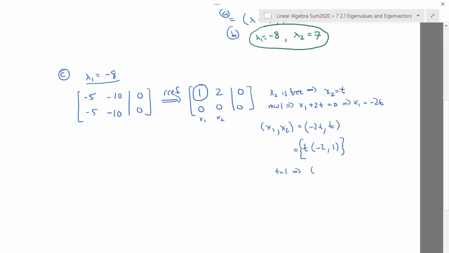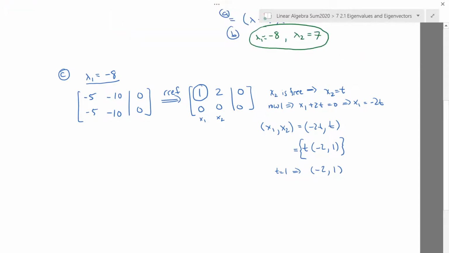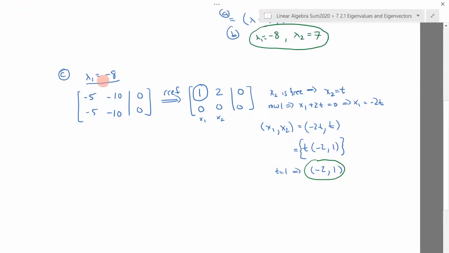So when t equals 1, you just get (-2, 1) as an eigenvector. But again, I could have just taken any multiple of this vector as an eigenvector. Okay, so we have an eigenvector for the first eigenvalue.